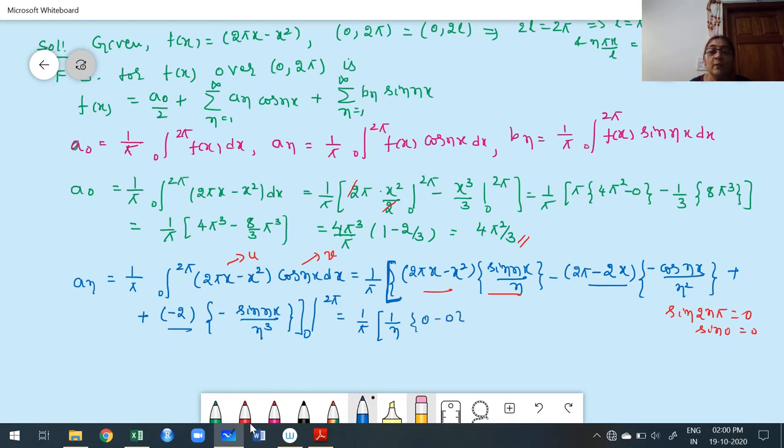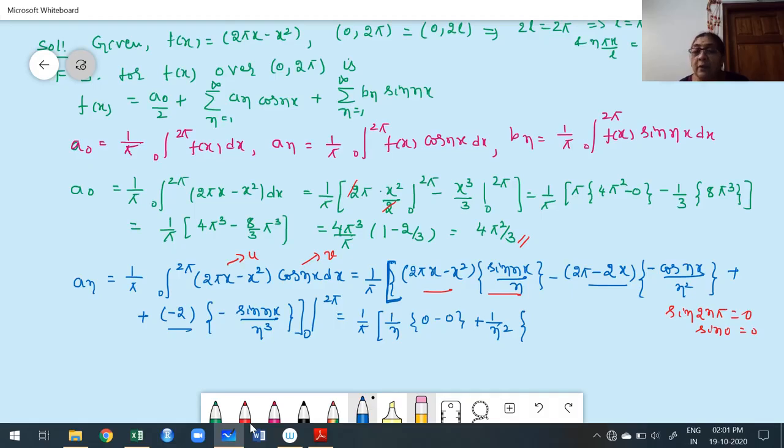0 minus 0. Okay. And then minus into minus, what do we get actually? Plus. Once we get a plus, keep 1 by n square outside. Apply the upper limit, which is 2 pi.